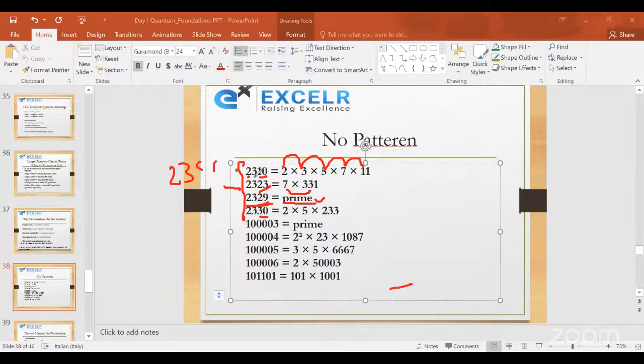So the factors are 2, 3, 5, 7, 11. See the pattern here. There is a pattern, there is no pattern. We can't find any one method or any one pattern followed here. See, these are all factorizations of smaller numbers.